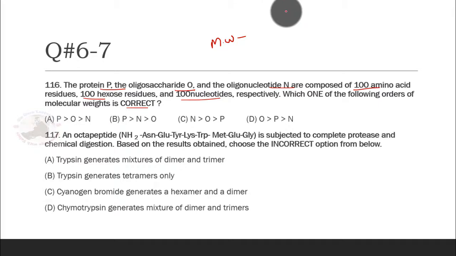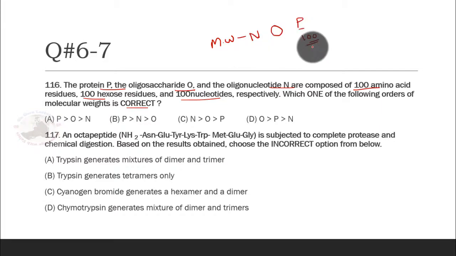First of all, we must know the proteins, as per the residues they have given, 100 amino acids, they have the least molecular weight, and then the oligosaccharides and then the oligonucleotides.